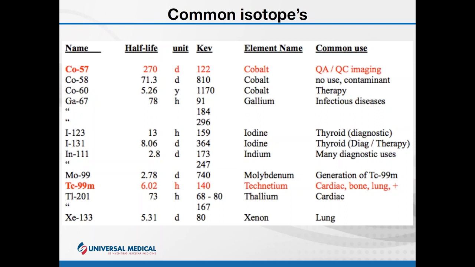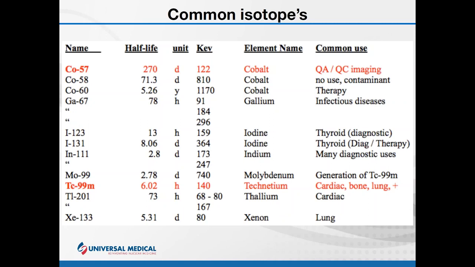If you frequent a nuclear medicine department, which if you're in this webinar, I'm pretty sure you're going to, you're going to hear names of isotopes, and here are some of the common ones you might interact with. The first and common isotope I want to mention is only for QA or QC, and that is cobalt-57. It exists as a sealed sheet source or occasionally as a sealed epoxy vial.